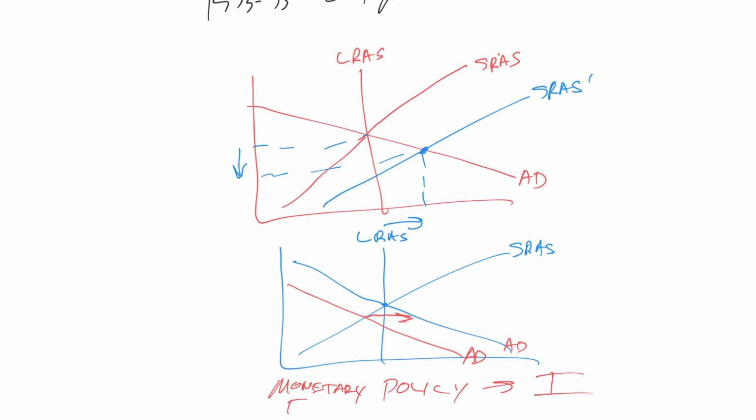The other is called fiscal policy, and there are two things involved in fiscal policy. There's tax rates. You could lower taxes so consumption goes up, or just government spending directly. New highways, new defense, new rockets, new whatever, okay? So that would be another way to shift aggregate demand.